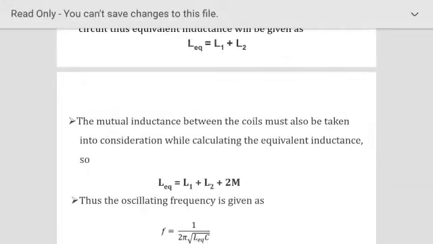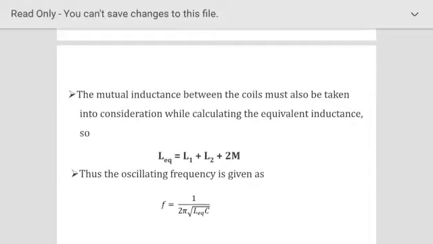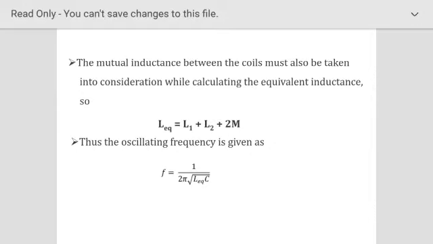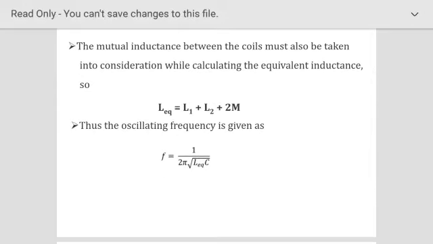The mutual inductance between the two inductors must also be taken into consideration. So while calculating equivalent inductance, L equivalent equals L1 plus L2 plus 2M. The 2M denotes the mutual inductance of the Hartley oscillator. So the overall oscillating frequency is given as f = 1 / (2π√(L equivalent × C), where L equivalent is L1 plus L2 plus 2M.